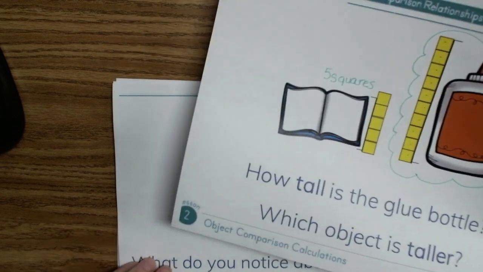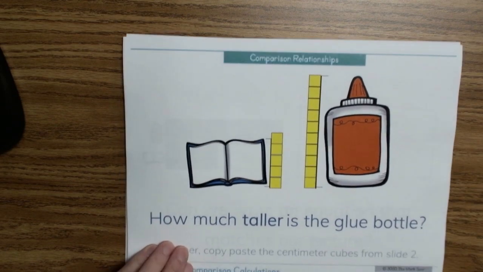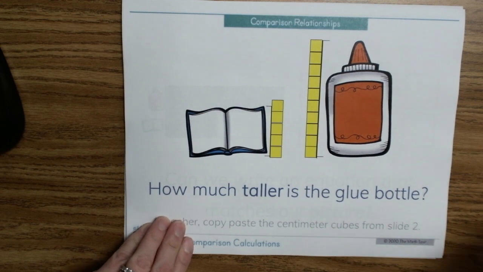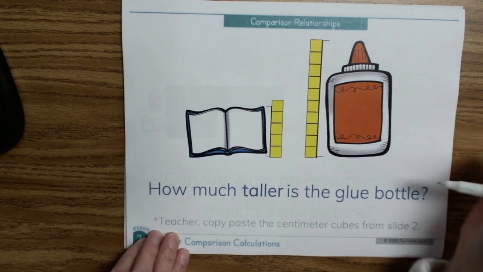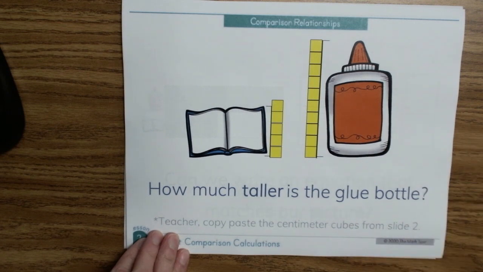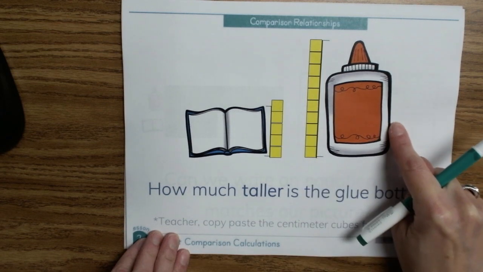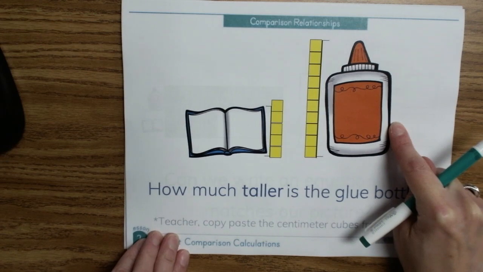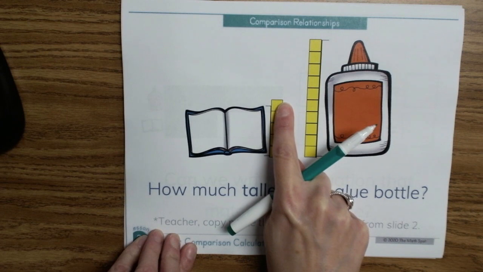Okay, let's keep going. Well, how much taller is the glue bottle? Okay, we can figure that out. How much taller? So we know he's tall, but by how much? Okay, so we see that our notebook goes to here.